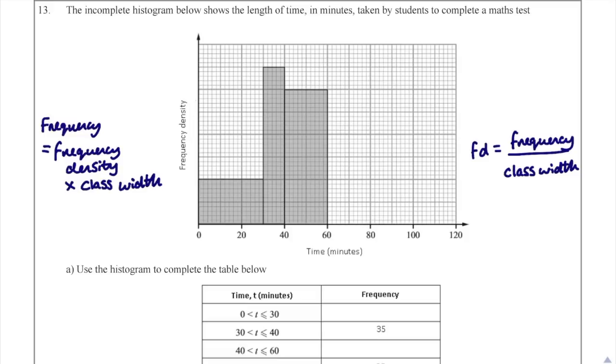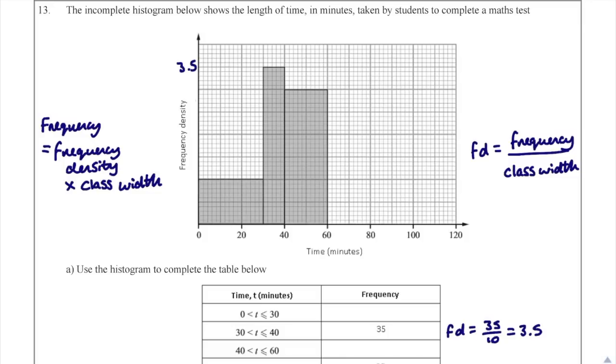So, in this case, we know the frequency is 35, and the class width is going to be 40 minus 30, which is 10. So the frequency density is equal to 35 divided by 10, which is 3.5. And we can plot that on our histogram. So it's going to be this point here, 3.5.